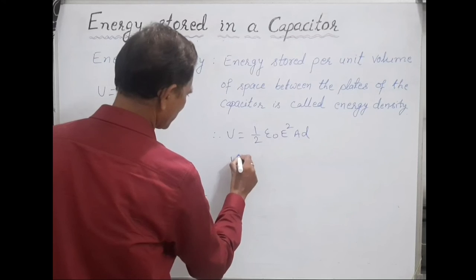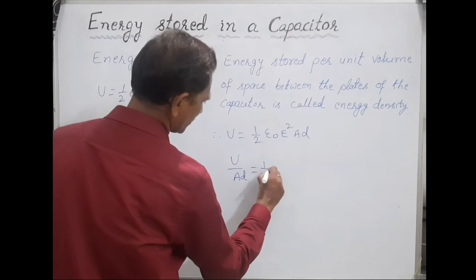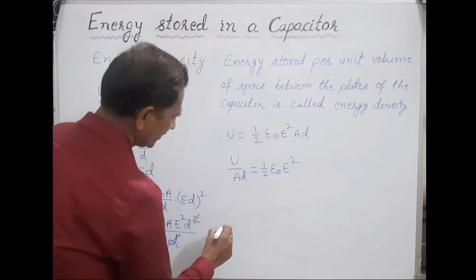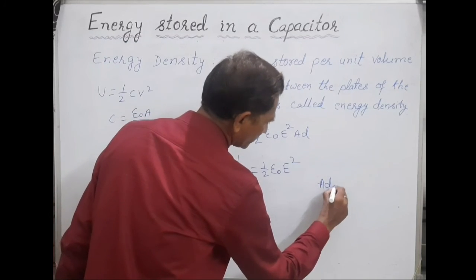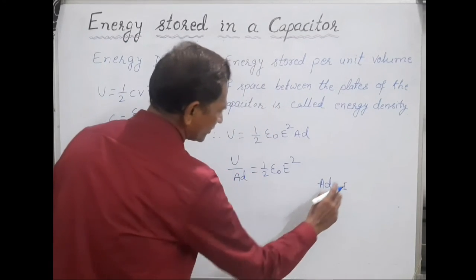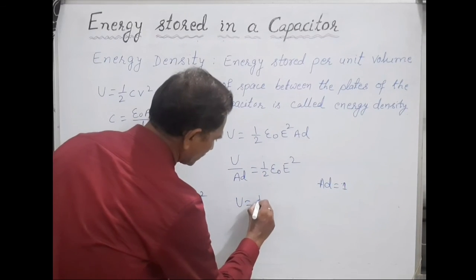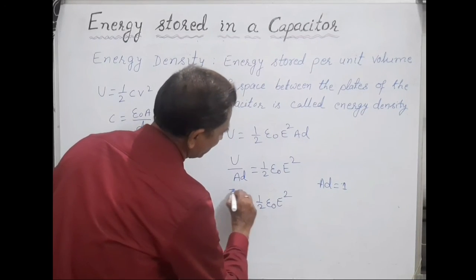Therefore, we may write per unit volume, U divided by AD is equal to half epsilon naught E square. For per unit volume, AD is equal to 1. Then we may write U is equal to half epsilon naught E square.